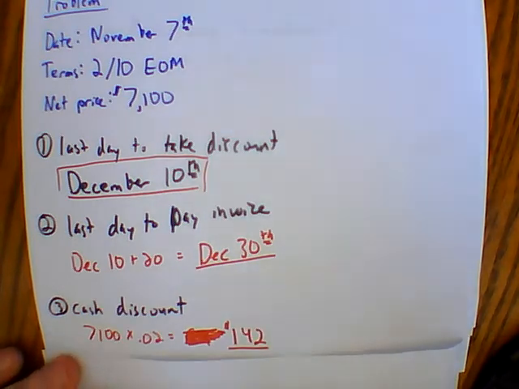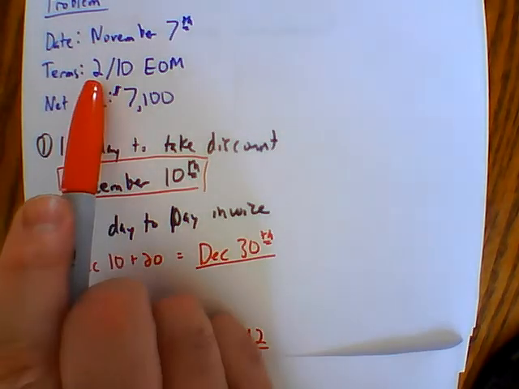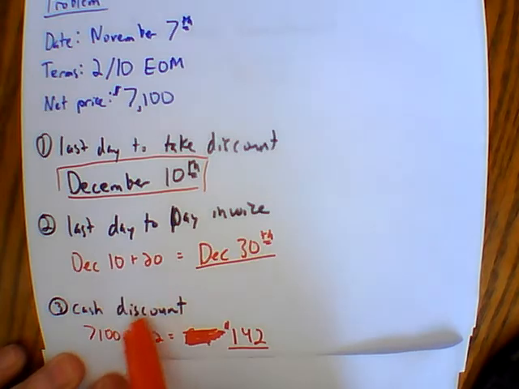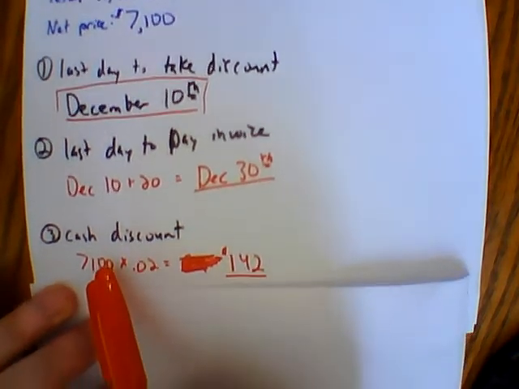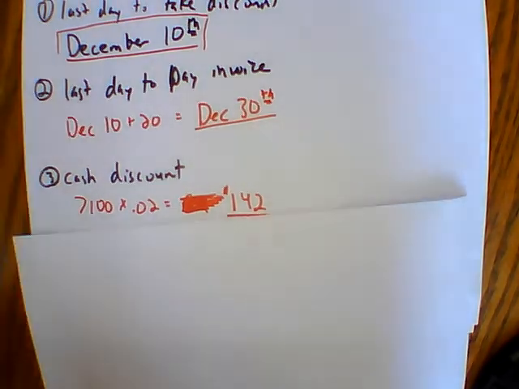If we pay within that cash discount period, we're given a 2% discount. If we pay by December 10th, 2% of $7,110 is $142.